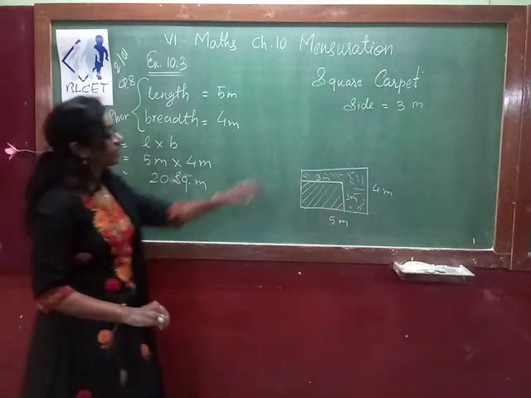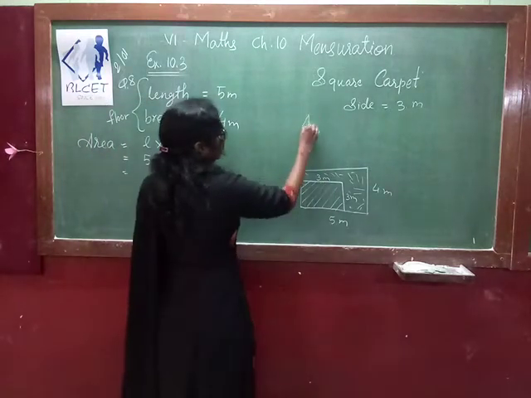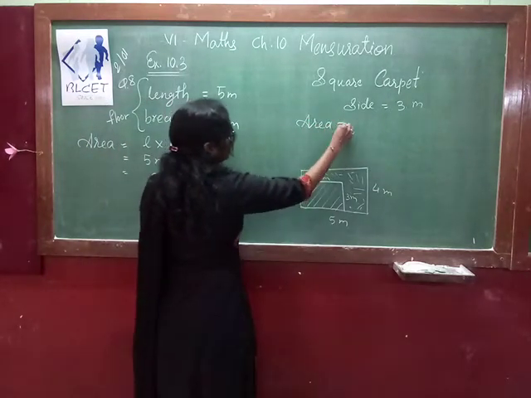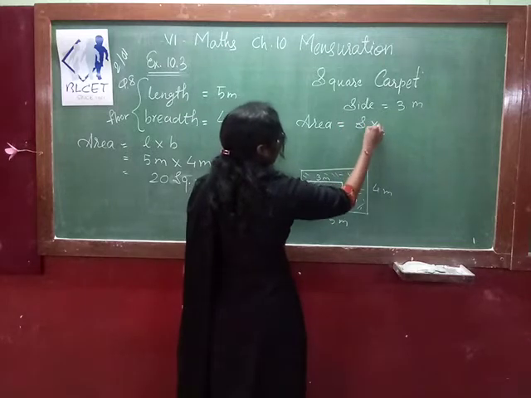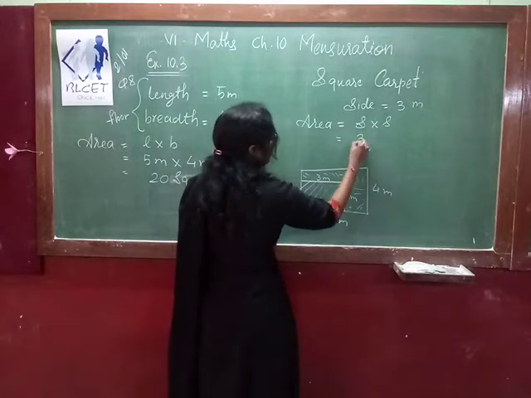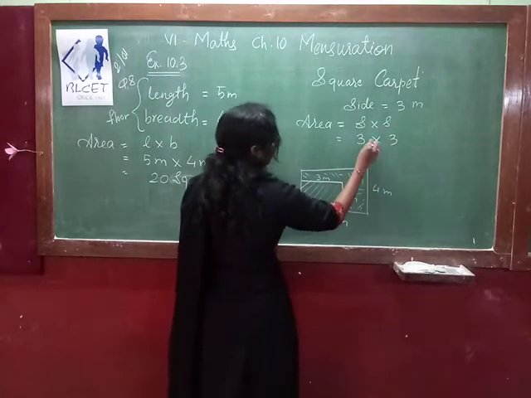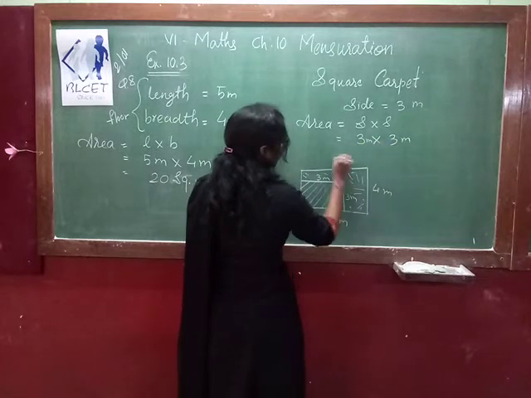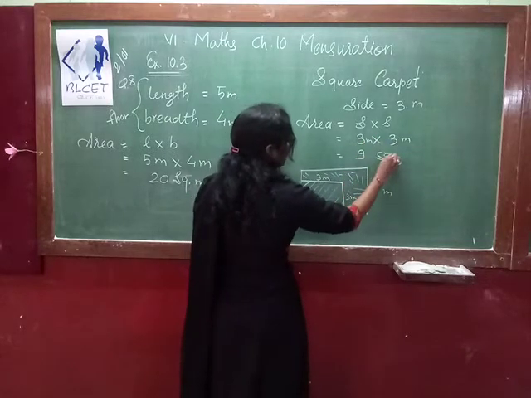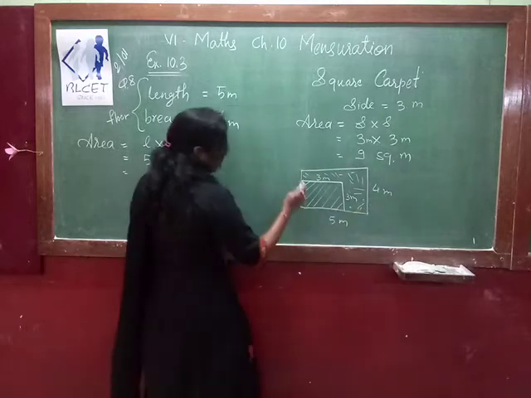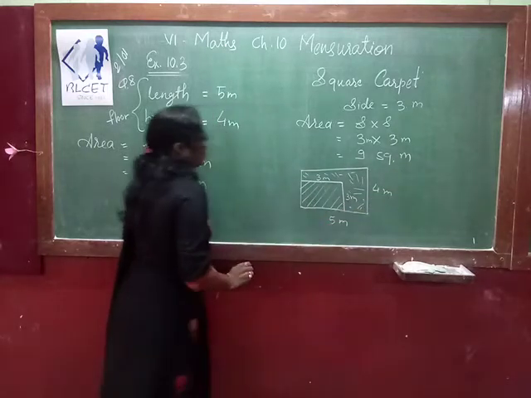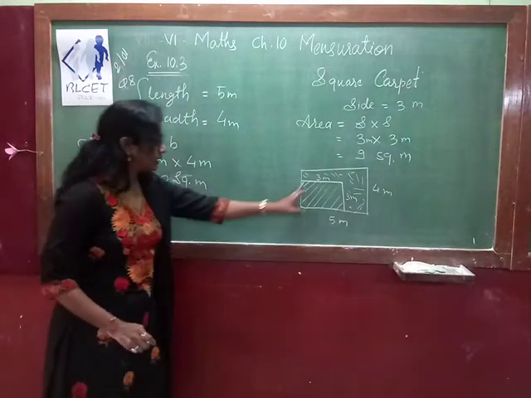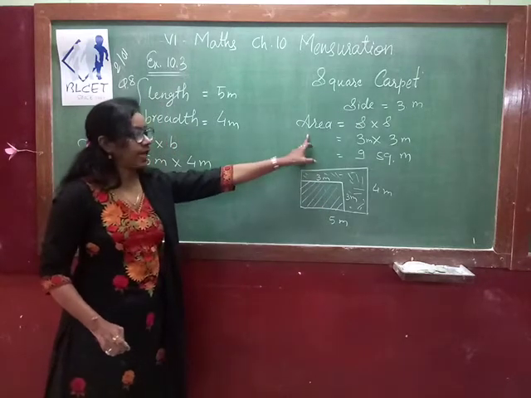Now we will find the area of the carpet. So area is equal to side into side, equal to 3 into 3, 3 meter, 3 meter. So what is the answer? 9 square meter. So now the whole area is 20 square meter and this area is 9 square meter.